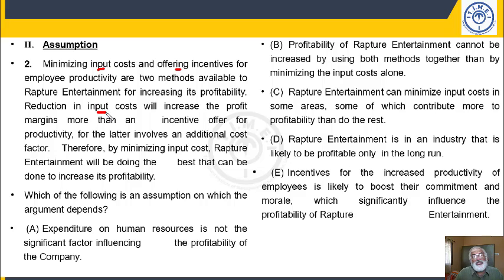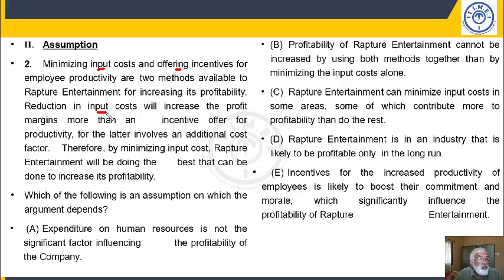But suppose the person uses both, then they could actually do even better, isn't it? So what you're saying is that minimizing input cost actually is going to give you as much benefit as using both elements together, which is also an assumption. So I have two assumptions, one of which is that it is possible for them to minimize input cost, and the other being that even with the addition of incentives, they might not be able to improve on reducing input costs.